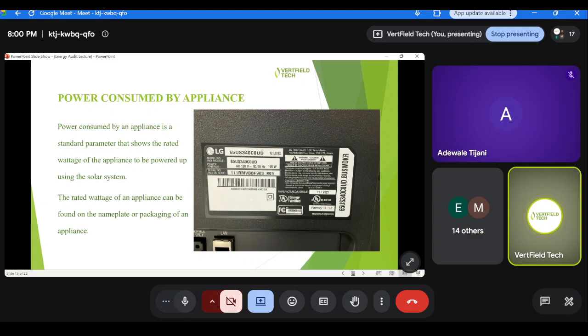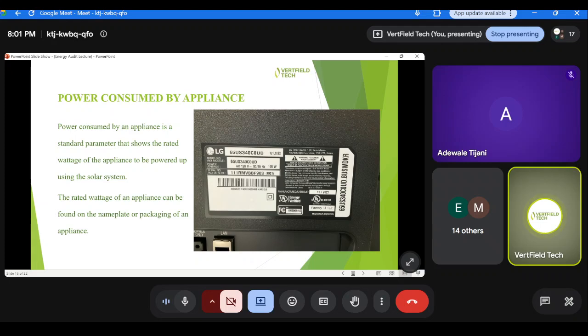The nameplate is that position or portion on the body of your appliance or its packaging, which tells you everything about the appliance: the name of the appliance, the maker, the country of make, the serial number, the IMEI number, the current, the voltage, the frequency, the wattage. All of these details are stated clearly on your nameplate, and that is where you should be looking out for your information.